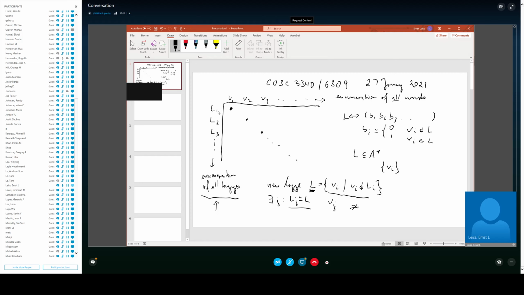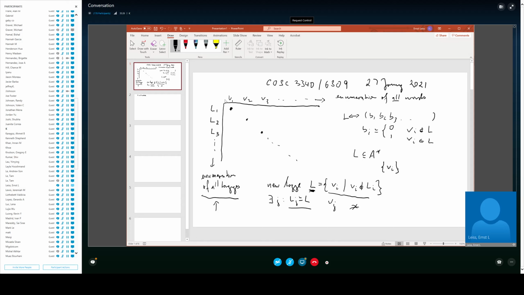And the answer is no, and the way you show that is by constructing a language, which basically is formed by taking the bit string that defines each language, flipping each bit on the diagonal, and then that defines obviously a language.